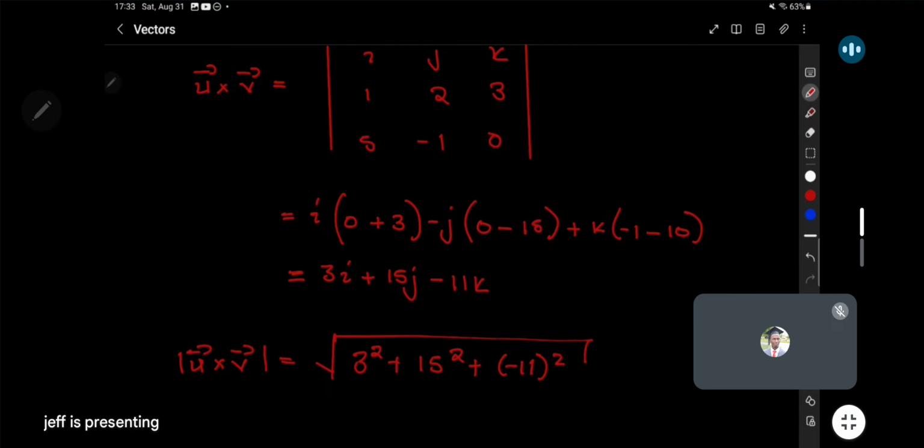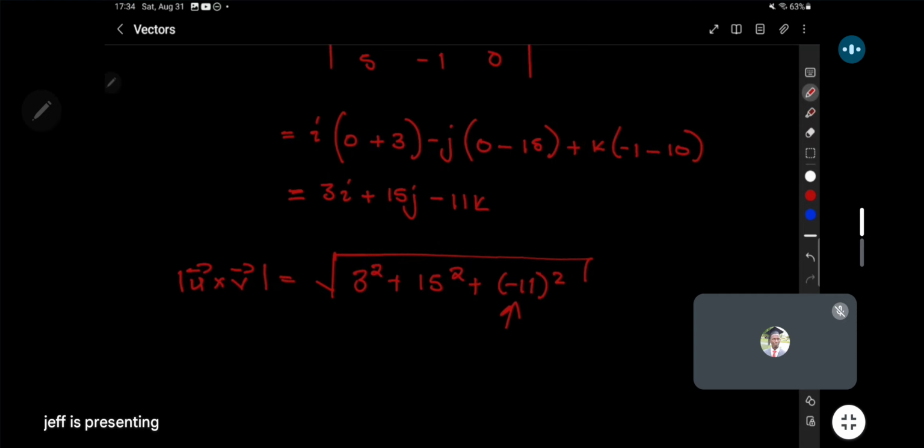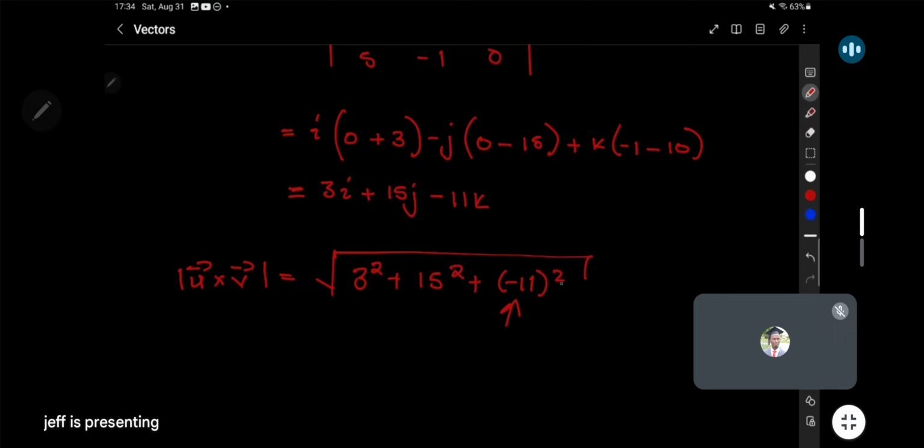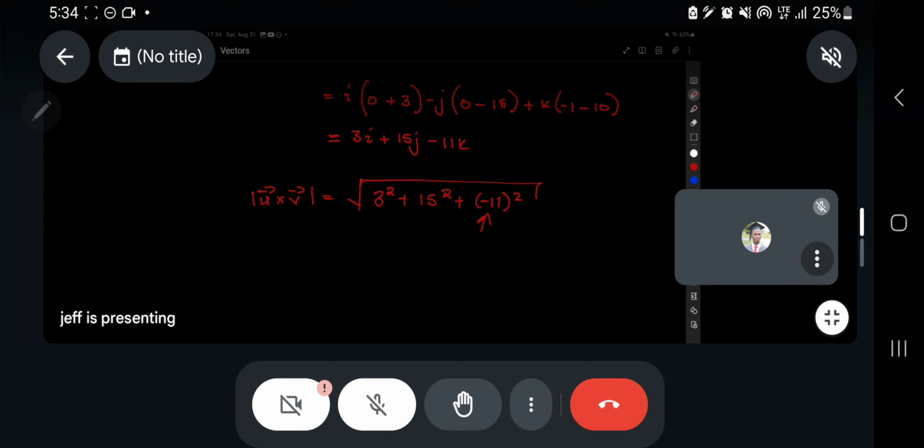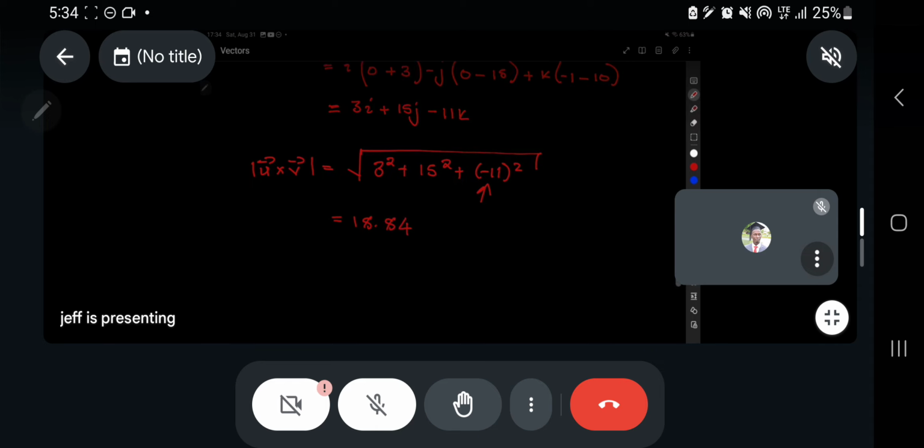Be very careful on how you evaluate that one here. Some students end up making mistakes there. The negative will be swallowed by the square, so you might as well just take it as 11 squared. So what will be the solution when you square root there? You're saying 18.84. Okay, so others can confirm this.